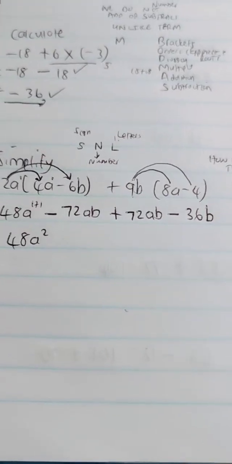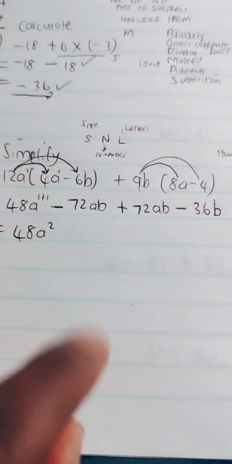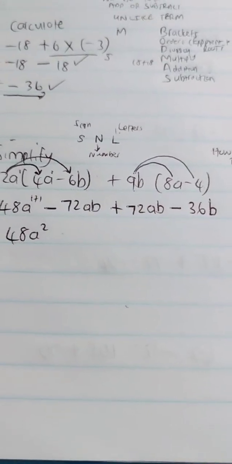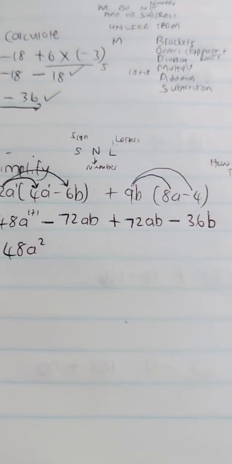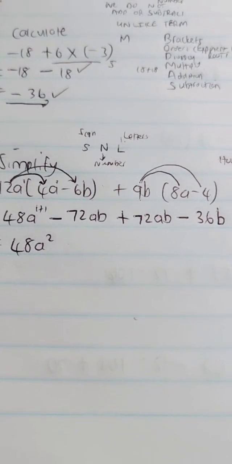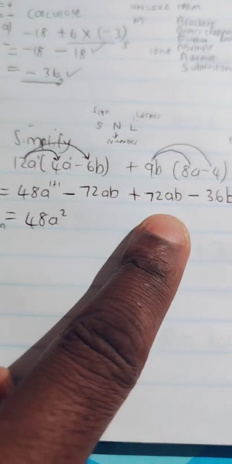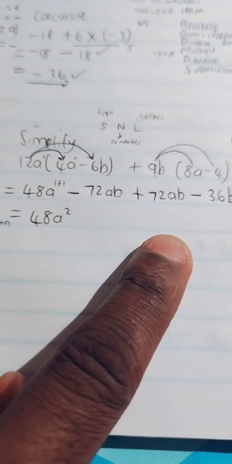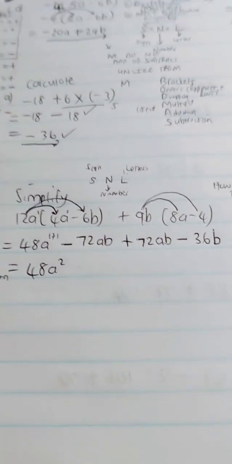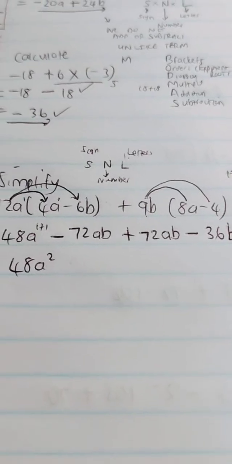These two terms are like terms. And the rule says we can add and subtract like terms. So what is negative 72AB plus 72AB? Okay, that is equal to 0.